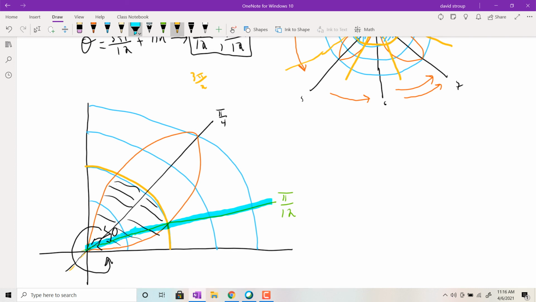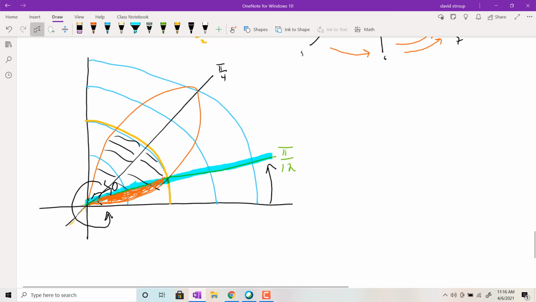Sort of highlighted it. Okay, so in the first region, going from 0 to pi over 12, the curve that's on top is the yellow curve, and we want to know the area underneath the red curve, right? So we're more interested in this region here. So in that first region from 0 to pi over 12, we're going to use the flower petal formula to get the area in there.